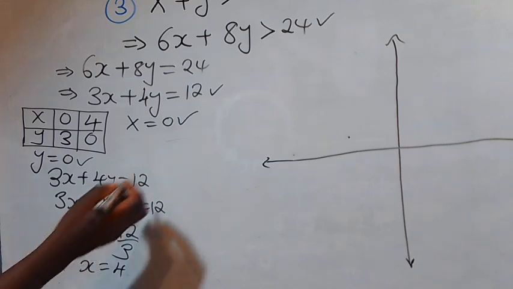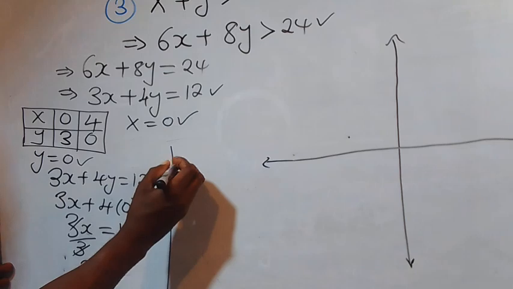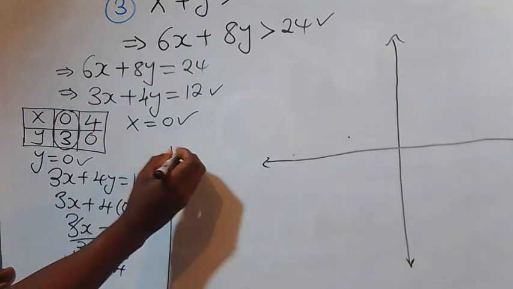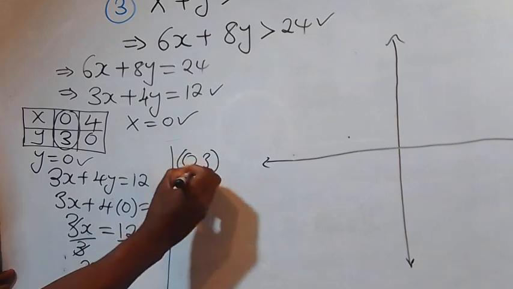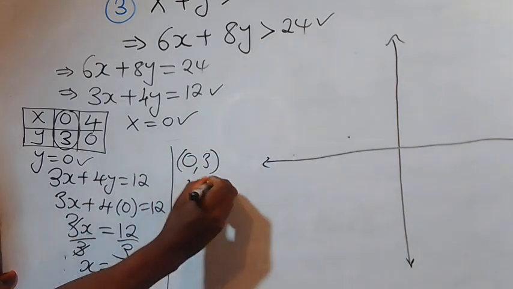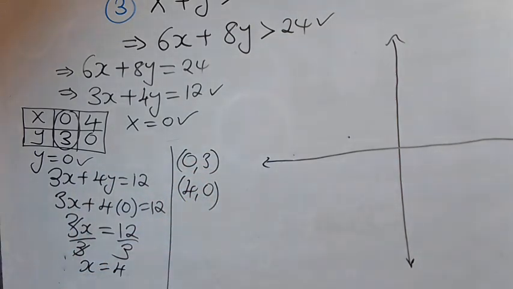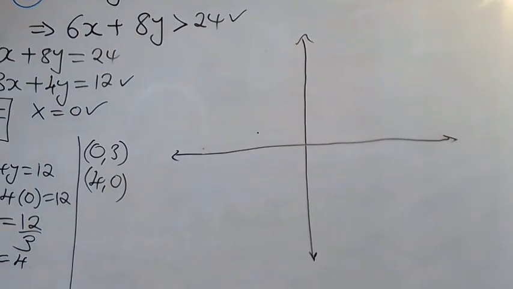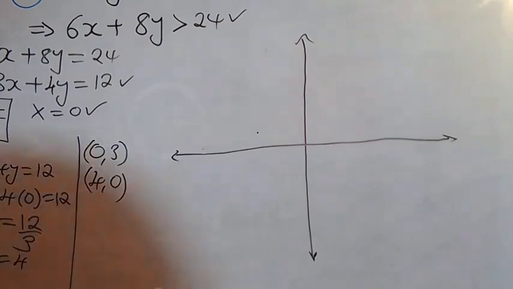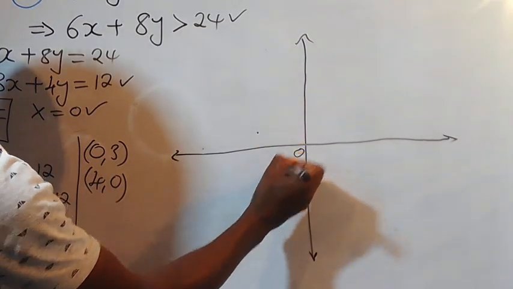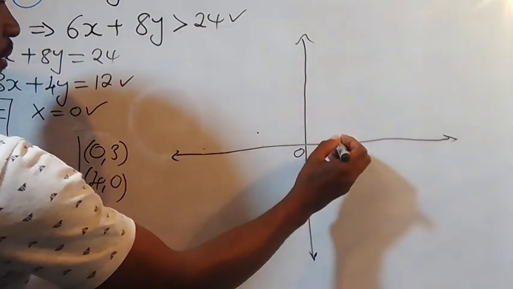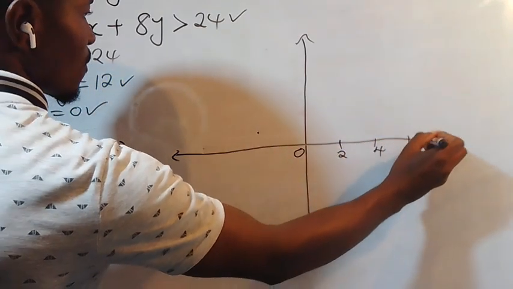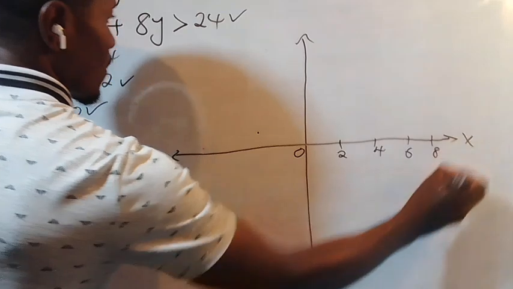Before you go back to the graph, we now have the coordinates in this form. Starting with the number on top, it says (0, 3) and also (4, 0). So we have to put those numbers on the graph, which is just an approximation, the graph that I'm going to use. On the graph, this is 0, and then I can just use 2, 4, 6, 8, and this is the x-axis.